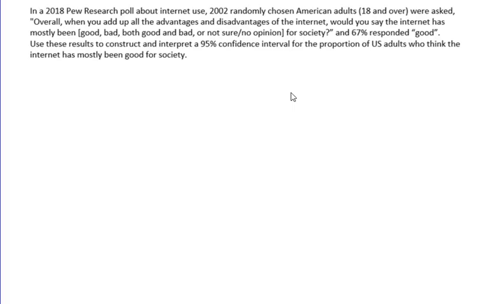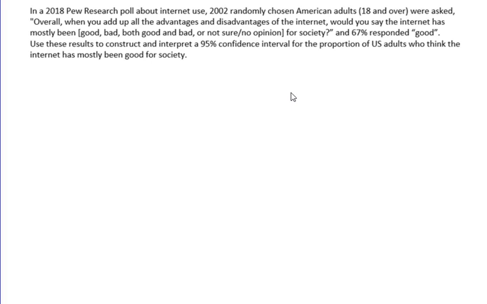So let me start by reading the problem. In a 2018 Pew Research poll about Internet use, 2002 randomly chosen American adults 18 and over were asked, overall, when you add up all the advantages and disadvantages of the Internet, would you say the Internet has mostly been, and then these are the answer choices, good, bad, both good and bad, or not sure / no opinion for society? 67% of those 2002 responded good.